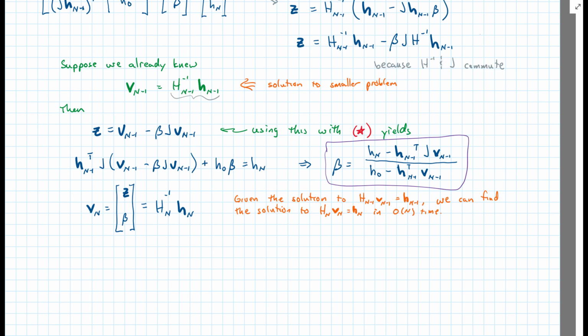O(n) comes from the fact that this is basically a vector inner product, which is O(n minus 1). We have another vector inner product, also n minus 1 operations, and then a scalar division. So it's approximately O(n) time.